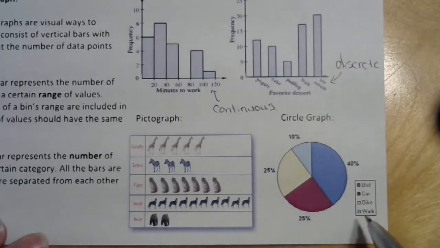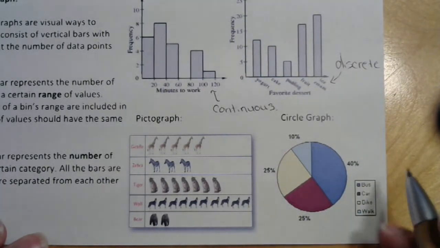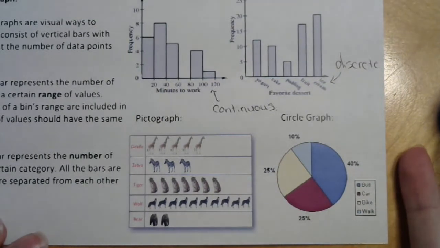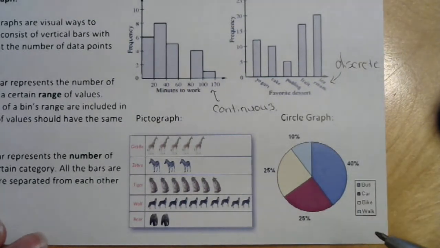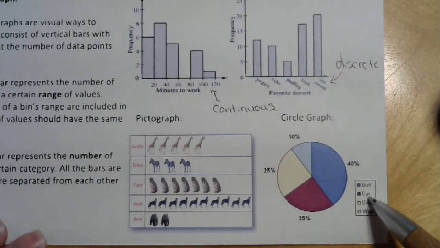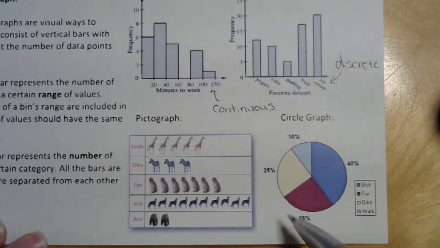These ones don't have titles, sorry. But this looks like bus, car, bike, walk. This might be modes of transportation to work. So 40% of people take the bus, 25% of people take the car, and usually with a circle graph, some sort of legend is given explaining which one is which.